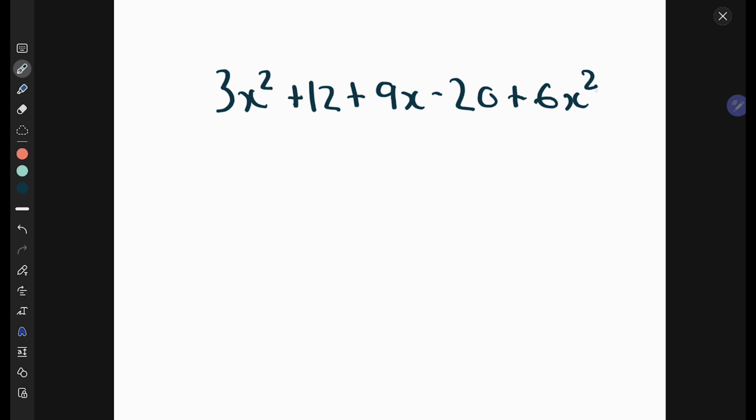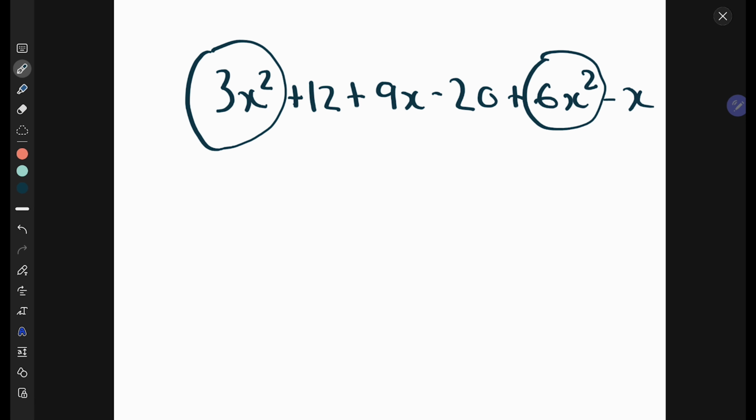Let's do 3x squared plus 12 plus 9x minus 20 plus 6x squared, and you know what, minus x, why not? So clearly already we can see that 3x squared and 6x squared are similar, and then 9x and minus x are similar.